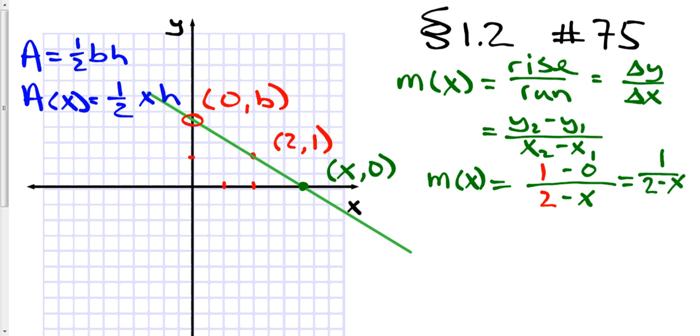So there's my function of slope, or my slope as a function of x. Equals that. Okay, so now, y equals 1 over 2 minus x times x plus b. And I'm putting it in different colors so we don't lose track. Okay, now, what point do you think I should put in for my x and my y?